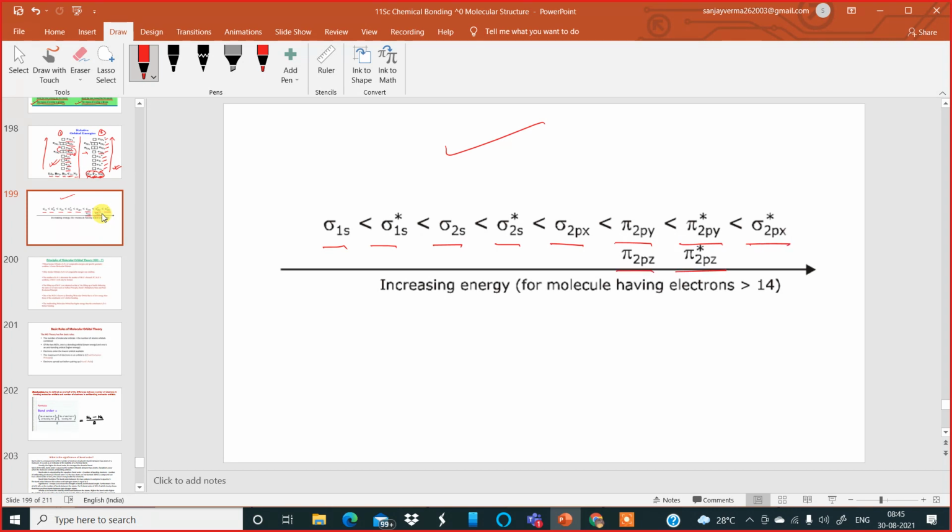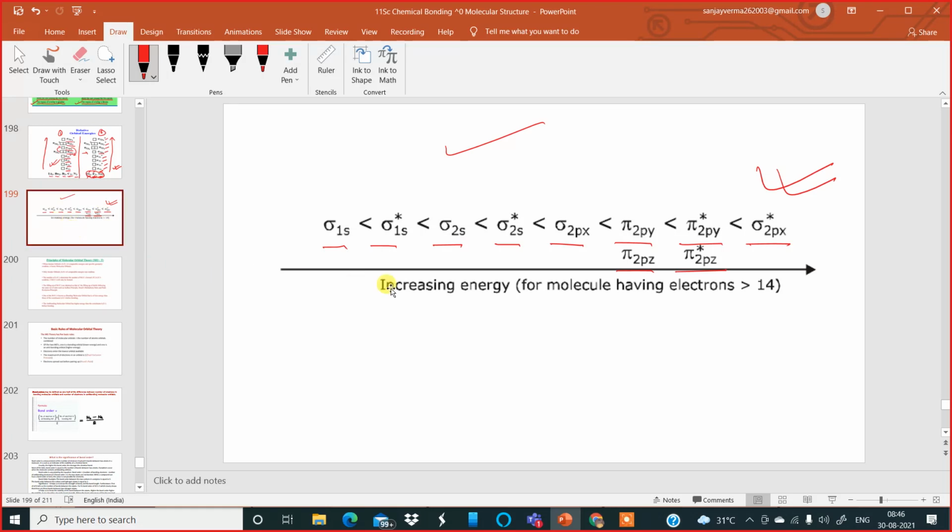Now using this relative order of energies, we are going to learn how to draw the molecular orbital diagrams and electronic configuration of some homonuclear diatomic molecules and molecular ions.